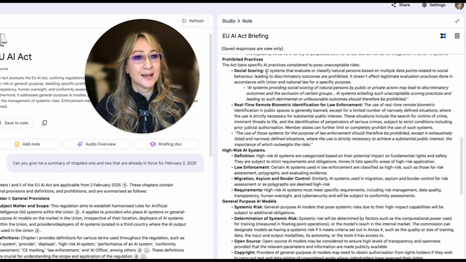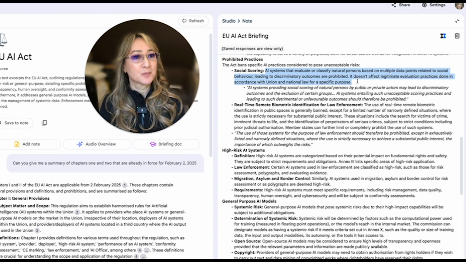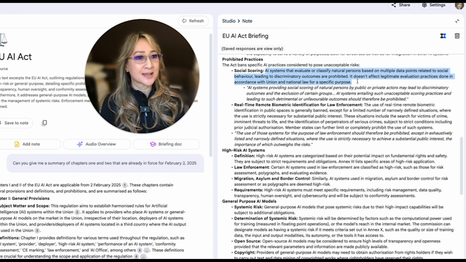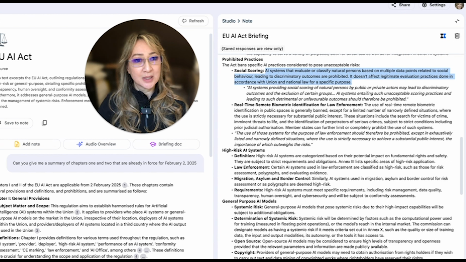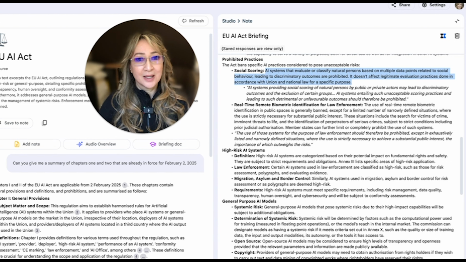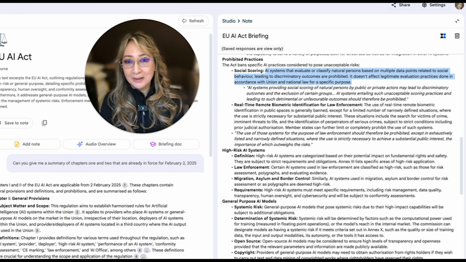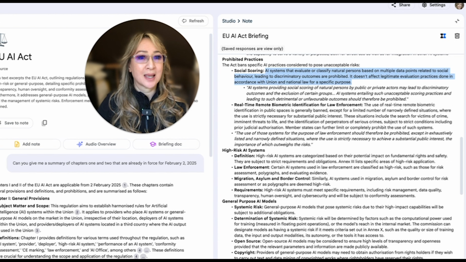So AI systems that evaluate or classify natural persons based on multiple data points related to social behavior leading to discriminatory outcomes are prohibited. It doesn't affect legitimate evaluation practices done in accordance with union and national law for a specific purpose. So social scoring is completely prohibited using AI tools.